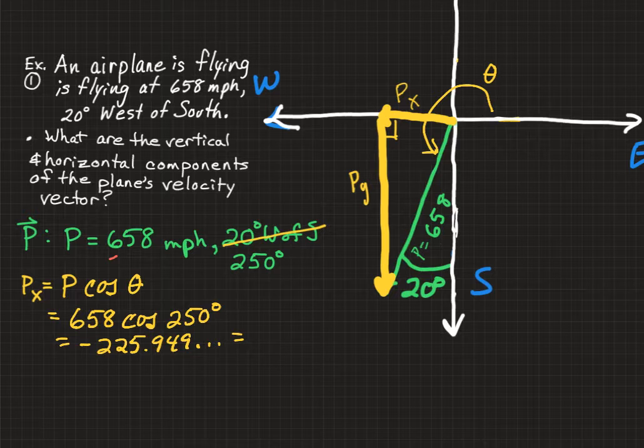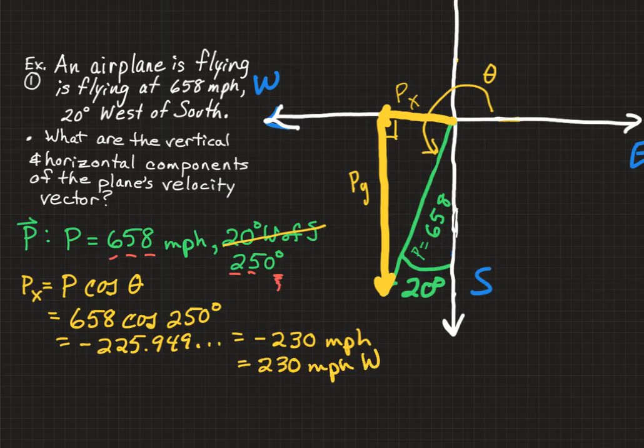Let's count. We have 1, 2, 3, and with 250 there is no decimal point there, so we only have 2. Therefore, we will express our answer with 2 significant digits. So our answer is negative 230 miles per hour. That is the horizontal component of our vector. Since we are expressing this with compass points, that negative 230 miles per hour is going in the westward direction. So that's 230 miles per hour west.